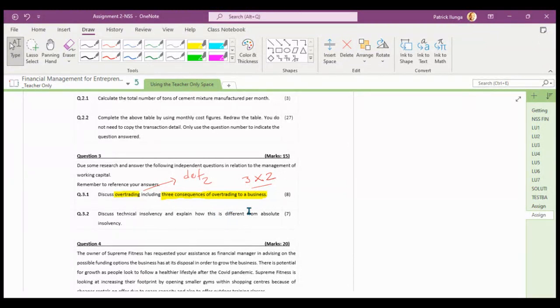Whatever clear information you give me that answers the question, every valuable sentence, will be 1 mark. So this is probably half a page for each one. On one page you could do question 3.